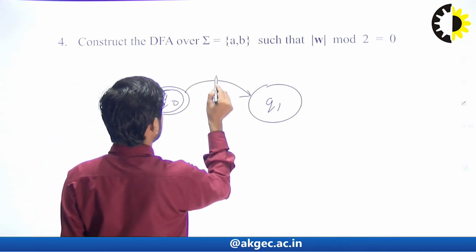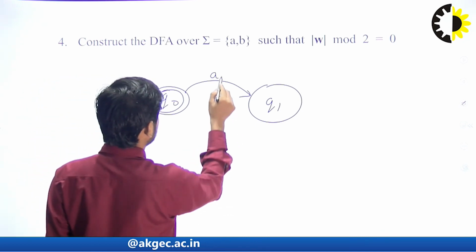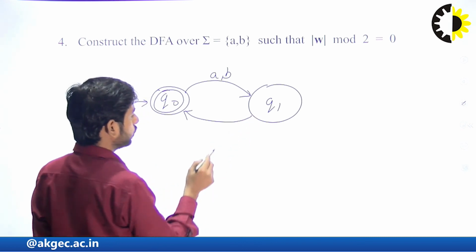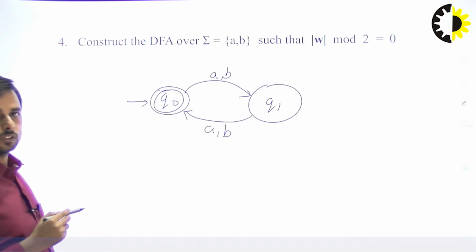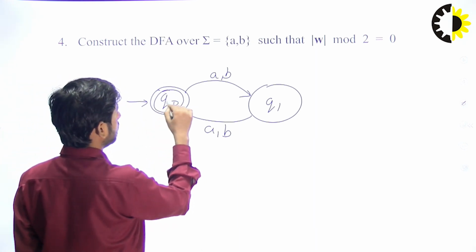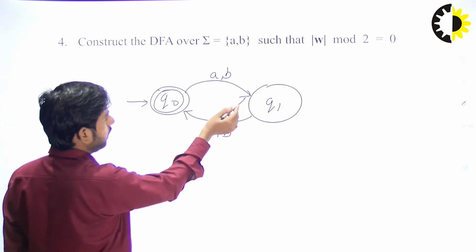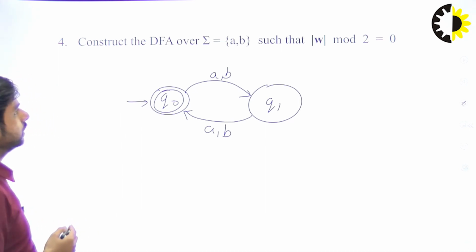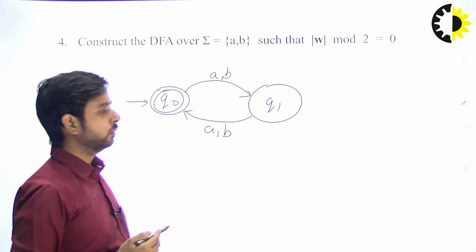On input A and B it goes to Q1, and from Q1 it comes back to Q0. So 0 length is accepted, 1 length not accepted, 2 length accepted, 3 length not accepted, 4 length accepted. So this is the DFA where length of string mod 2 equal to 0.